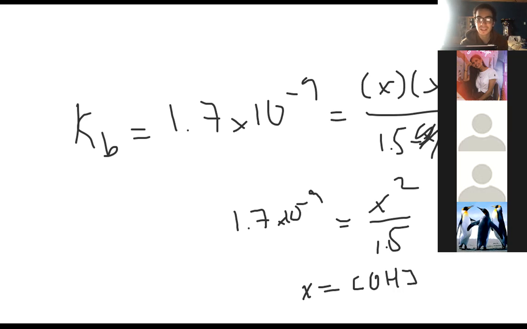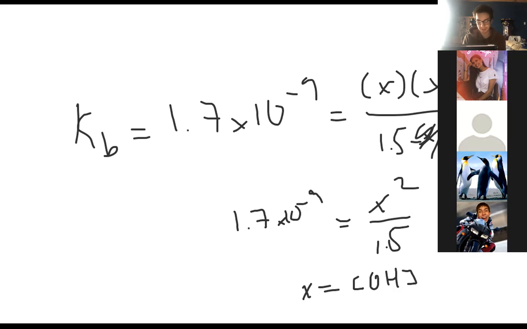Would we always use x to find the pH, and not the concentration they gave us? We would use the concentration they gave us in the equation. In this case, looking at page 253, they gave us the concentration of 1.5 of our pyridine.